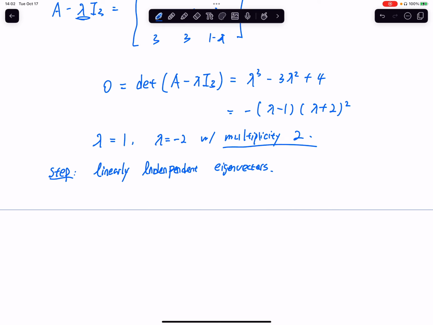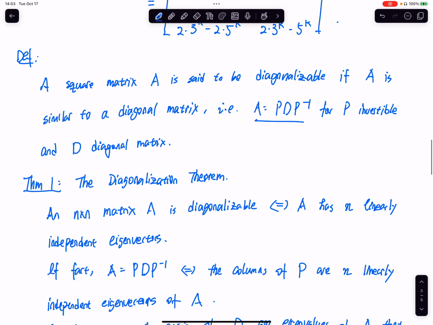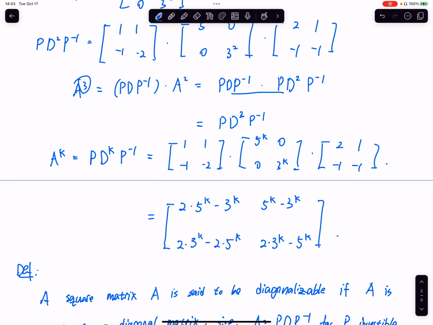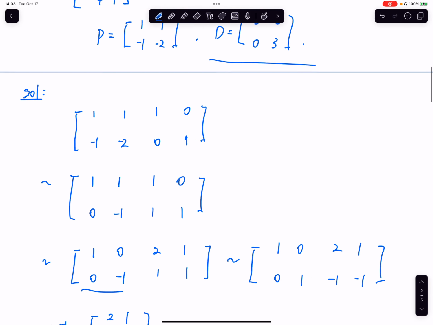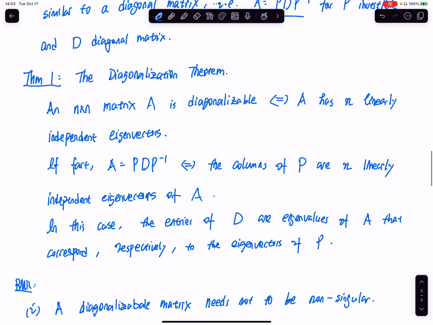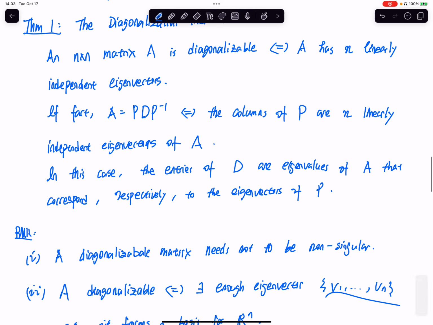And this step is crucial since if we fail, it cannot be diagonalized by our previous theorem.